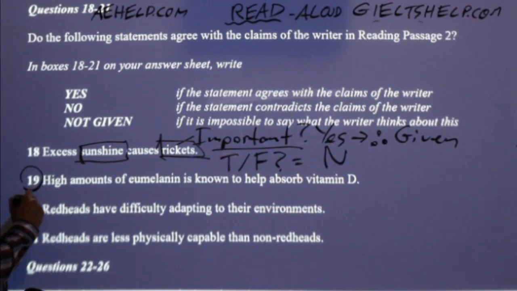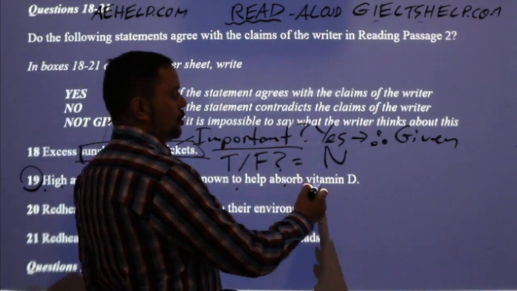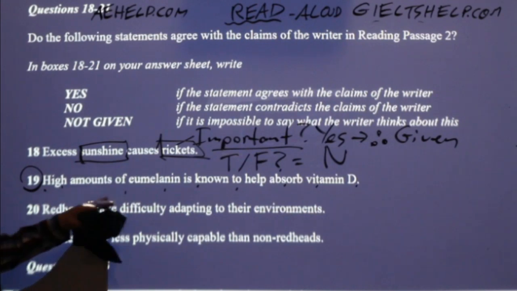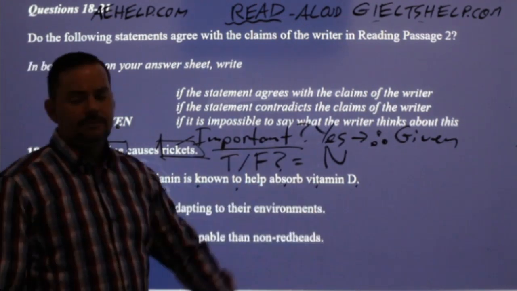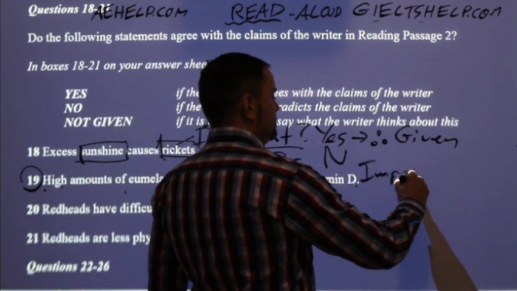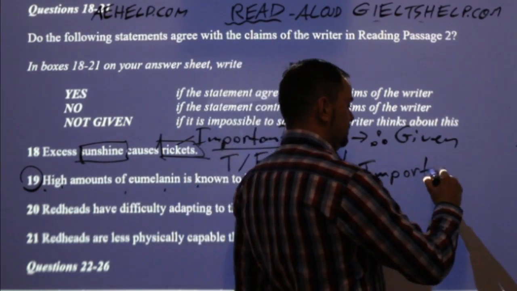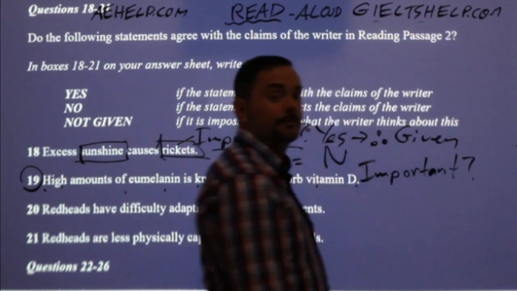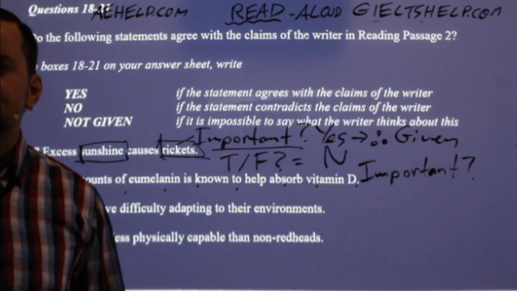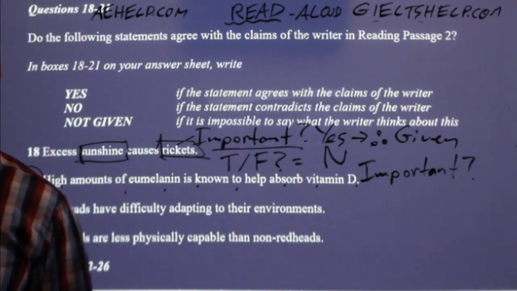Number 19, high amounts of eumelanin is known to help absorb vitamin D. Again, is that important? So is it important to know about eumelanin and vitamin D for this passage about redheads, where redheadedness is an adaptation to absorb vitamin D? Okay, Yvonne, I'll go back to it at the end, okay?